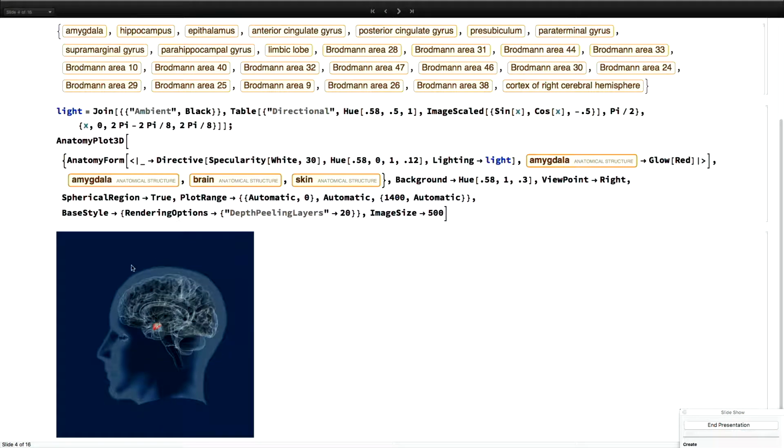So once again, we can visualize the structure using the AnatomyPlot3D function. The amygdala is located near the center of the brain, and its shape and size are just like an almond. And taking this amygdala as an example, we can now take a look at the brain's wiring.